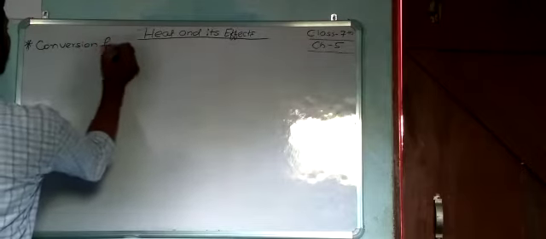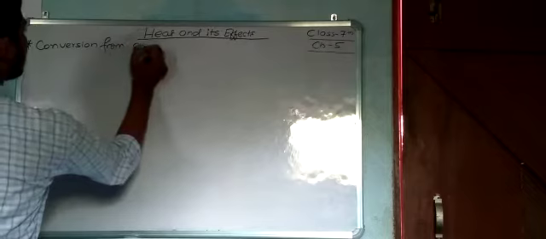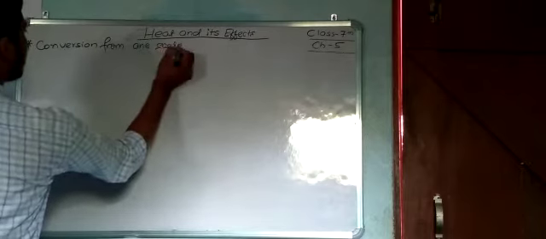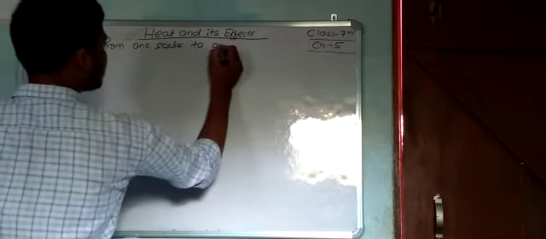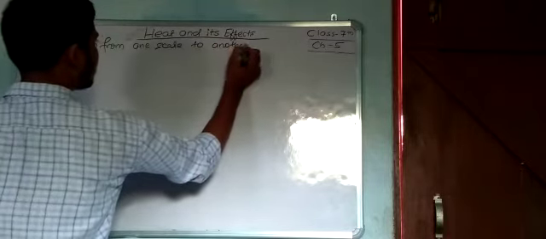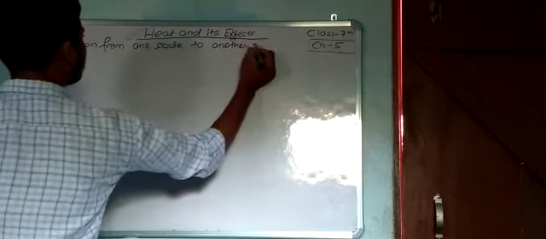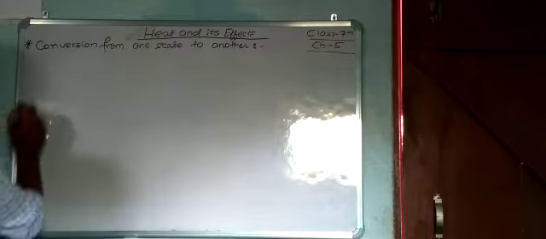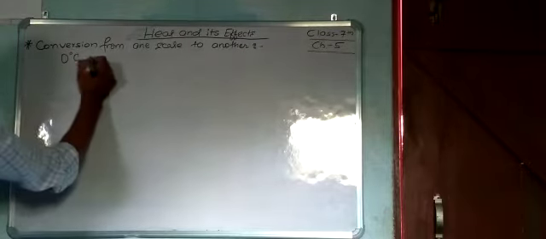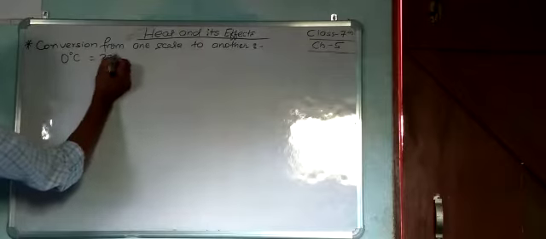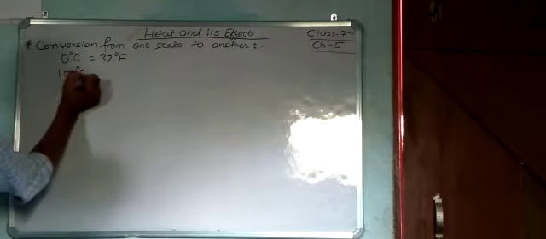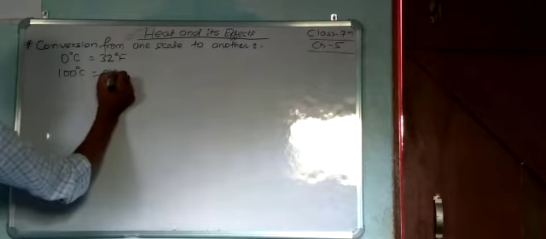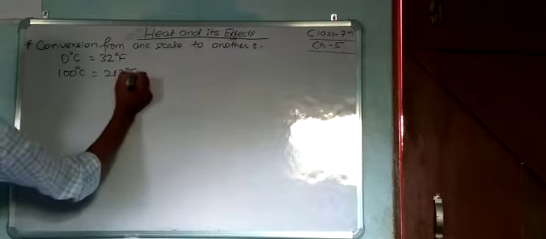Conversion from one scale to another. 0 degree Celsius equals 32 degree Fahrenheit and 100 degree Celsius equals 212 degree Fahrenheit.